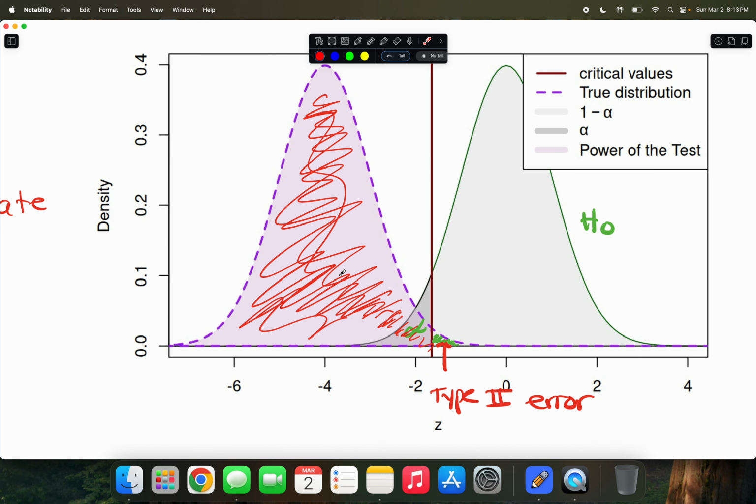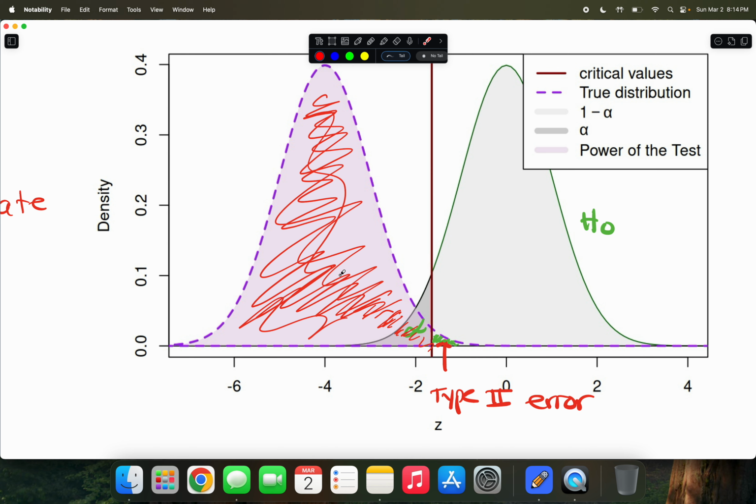And so the thing that's important about the power of the test is knowing that there's always going to be some sort of push and pull. If you make your significance level smaller, you make it harder to reject the null hypothesis, you decrease the power of the test, and vice versa. So there's always going to be this push and pull between type 1, type 2 error, and the power of the test.